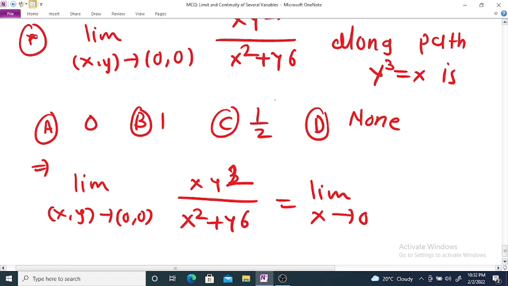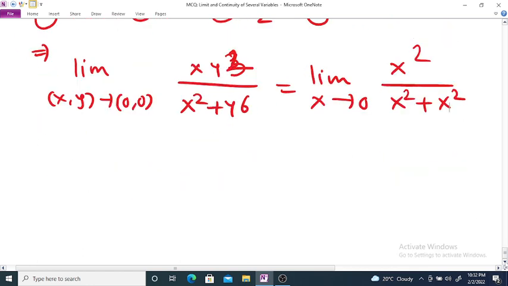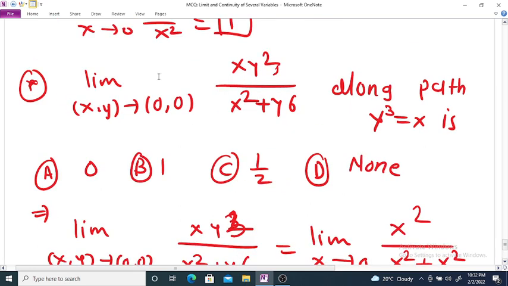As we put y cube is equal to x, so here it is y cube, not x, make it correct, y cube. So this is equal to x square divided by x square plus x square, which is equal to 1 by 2. So the correct option is 1 by 2.